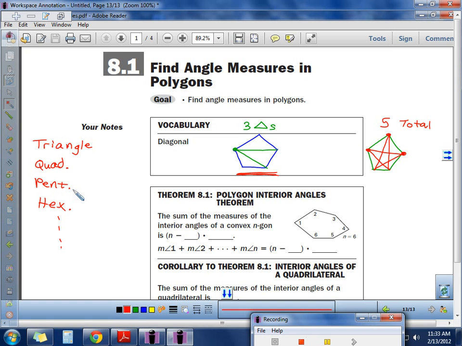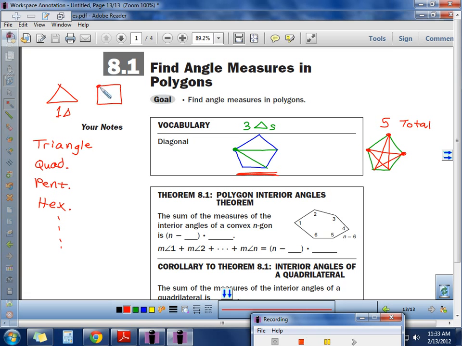Now, a triangle has how many diagonals? 0 diagonals. But how many triangles are pictured? It has one triangle in its picture. A quadrilateral, how many diagonals does it have?